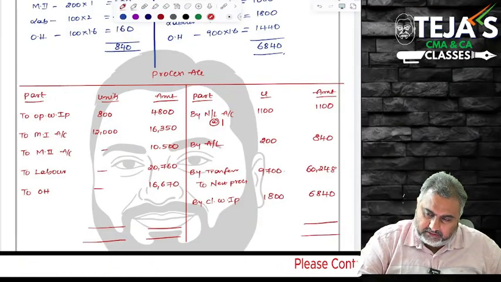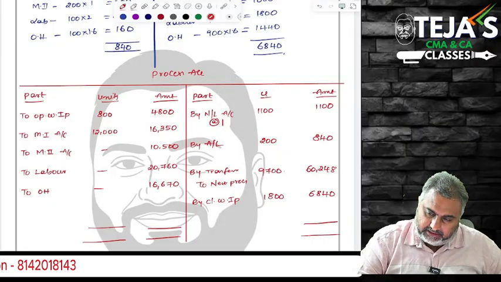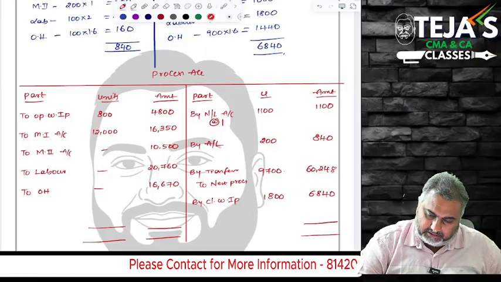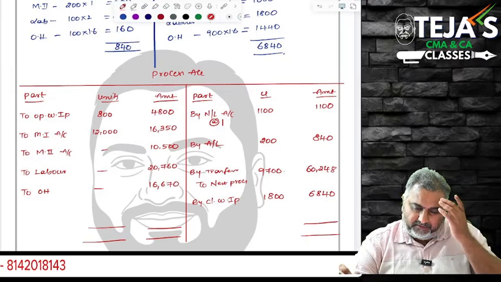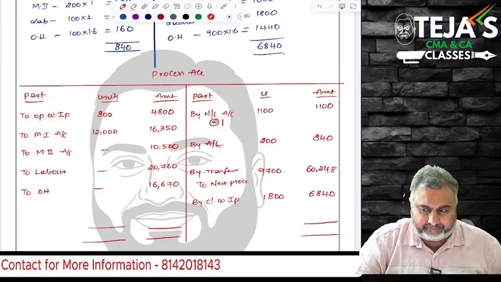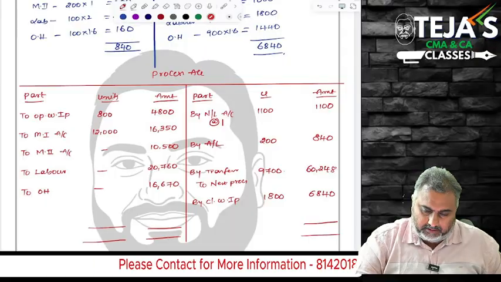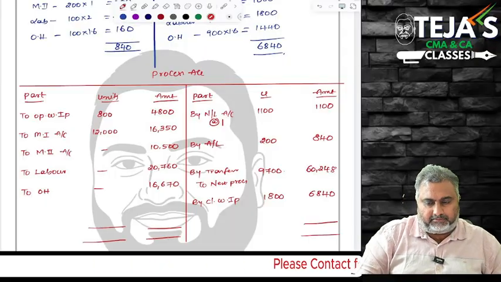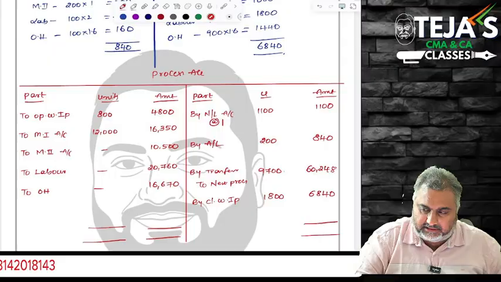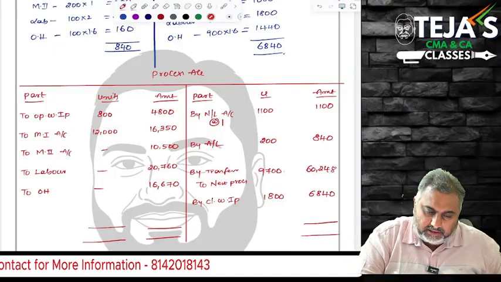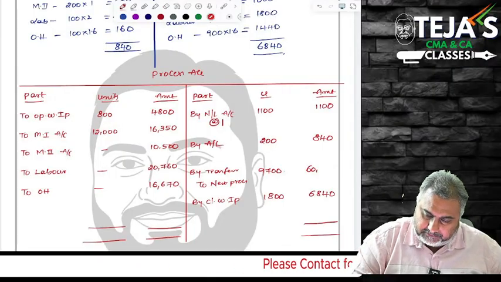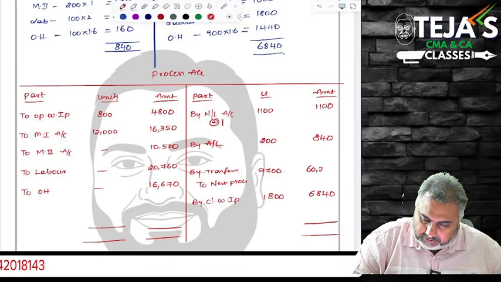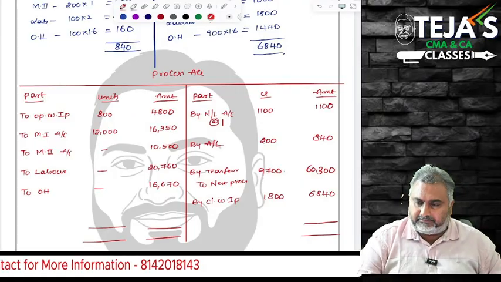Let's see: minus 4,800, minus 16,350, minus 10,500, minus 20,760, minus 16,670; we got a 52 rupees difference. We get the 52 rupees difference because we rounded off the figures; otherwise you will get the same amount. So try to adjust those 52 rupees in your transfer to next process, that is 60,300 rupees. Write it down.